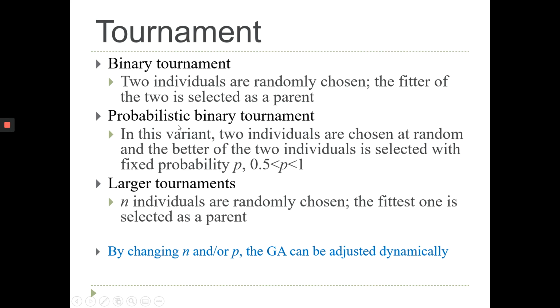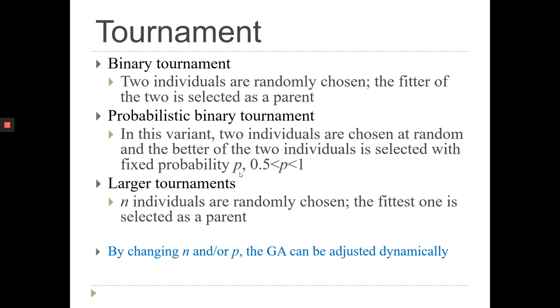In the tournament, like binary tournaments, two individuals are randomly chosen, then the fitter of these two is selected as a parent. In probabilistic binary tournaments, a variant, two individuals are chosen at random, and then the better of the two is selected with a fixed probability, which can be between 0.5 and 1.